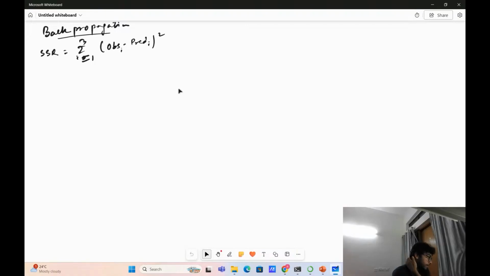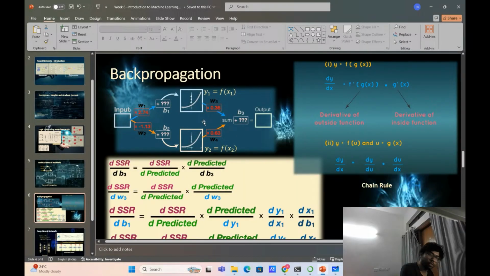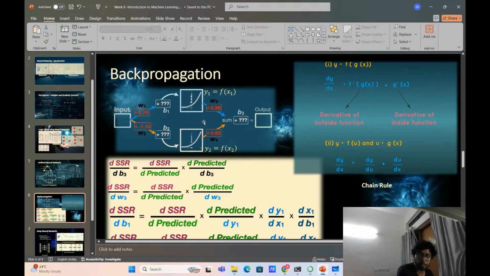This is the least mean square thing that we're getting. Now, what is the predicted value here? Let me again draw the network. In the meantime, you think about the forward propagation algorithm: how do you get the predicted value in terms of these weights?